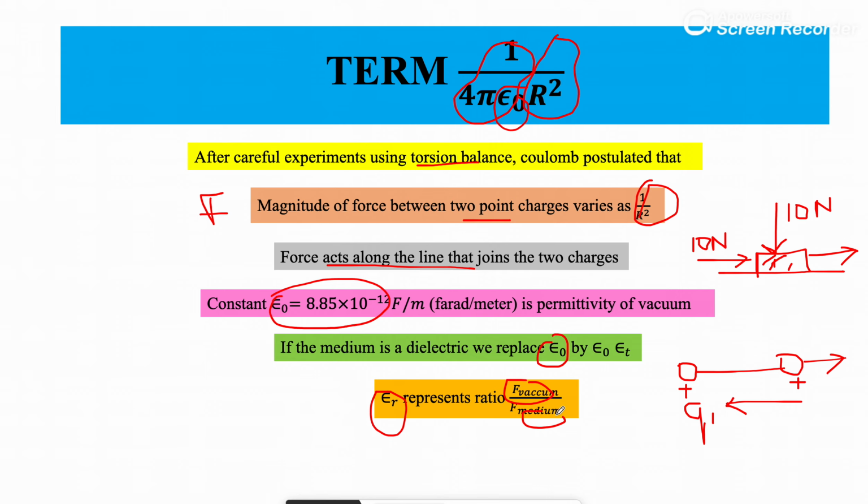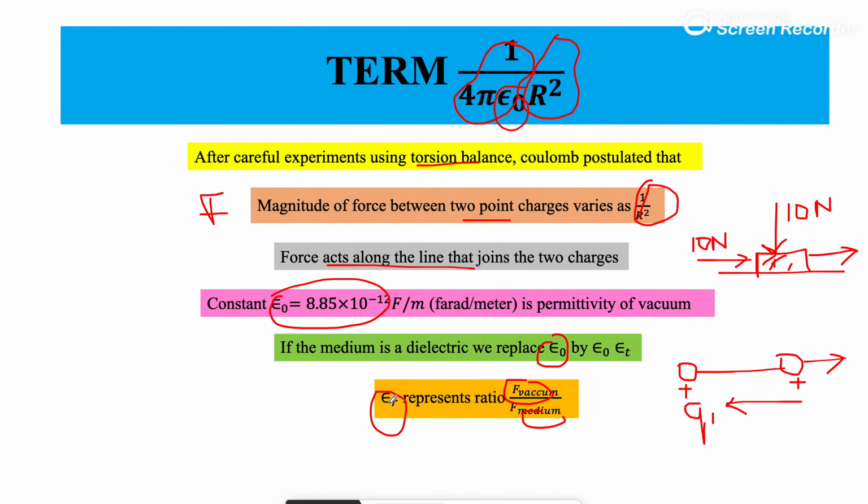So the ratio of the force in vacuum and the force in the medium, when the two charges are placed in any medium, epsilon R can be calculated clearly, because this is a ratio of the same dimension. It has no dimension.